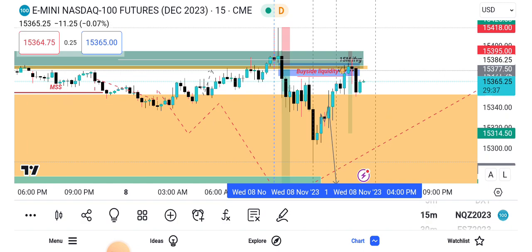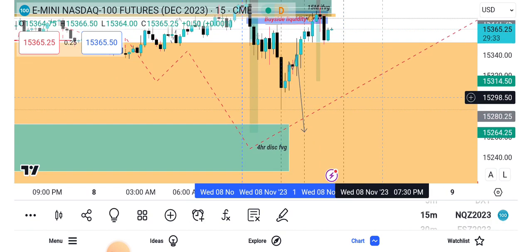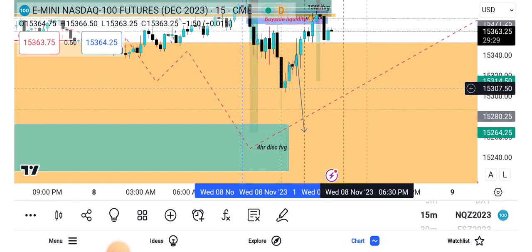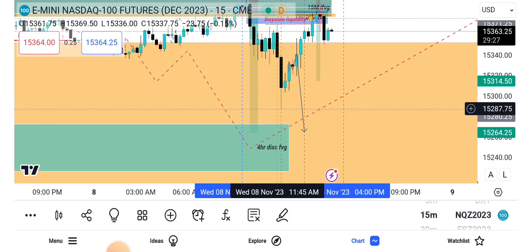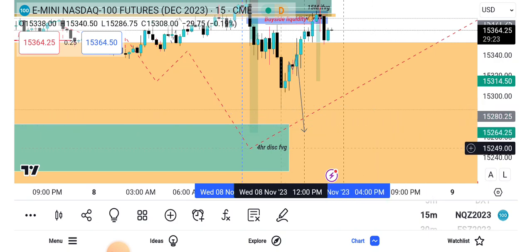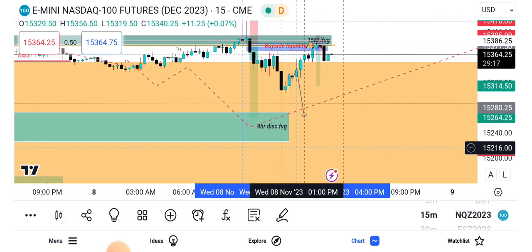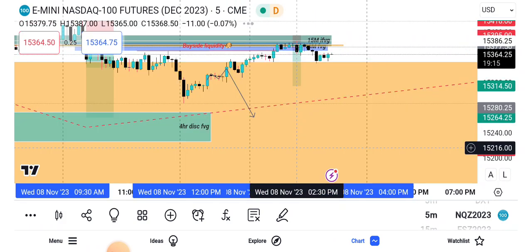I guess this liquidity should be cleared, this low over here. Price should tap into this, and then we'll look for confluences for higher prices.